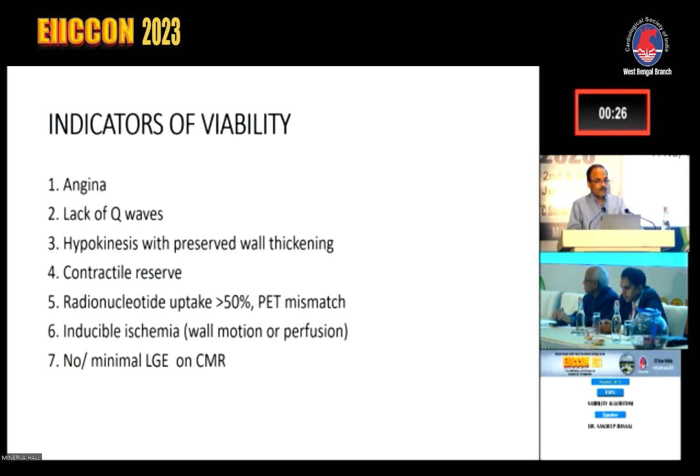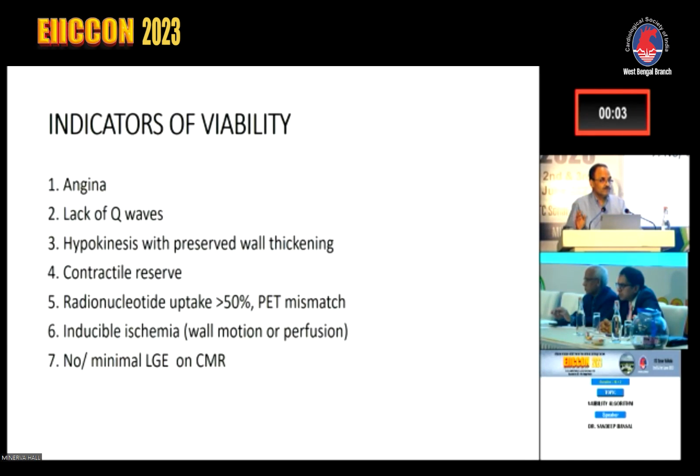So on the thallium scans, if we have radionuclide uptake which increases by more than 50%, that is a marker of viability. If you have seen any nuclear scan, on the right side of it there is a bar chart which shows areas which are absolutely dark to those which are bright orange.